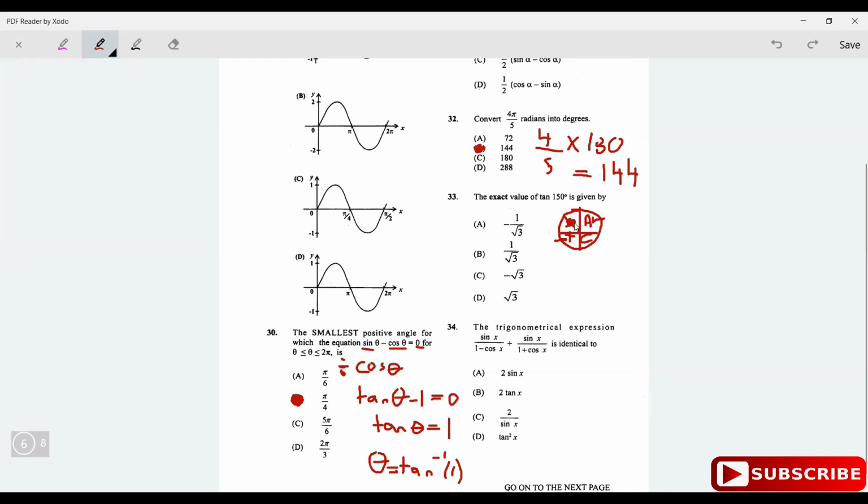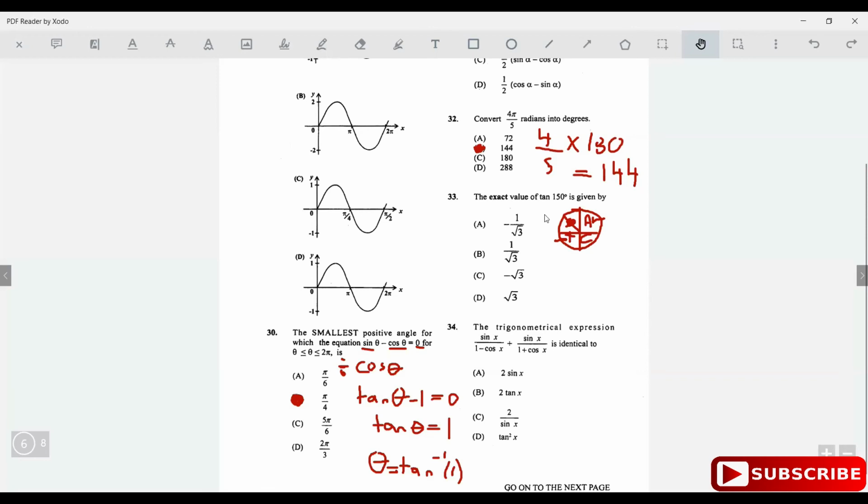So we're in the second quadrant right here, and this is 150 degrees, where tan is negative. So automatically, we know that tan 150 is negative. But let's first find the principal acute angle.